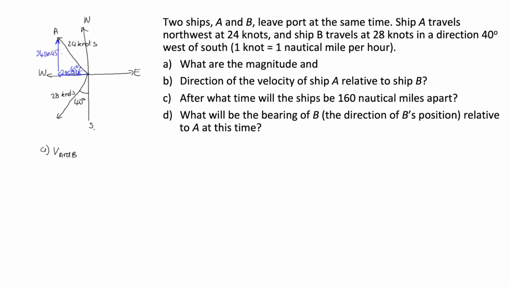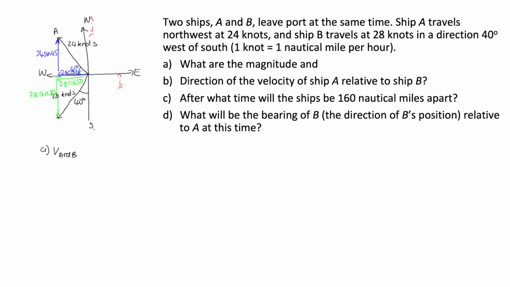And then we'll break this one into components as well. So again, in the westerly direction, we've got 28. Now, if this is 40, this angle in here is 50. So this is cos 50. And this one here is going to be 28 sine 50. So we'll call east-west the I direction, and we'll call north-south the J direction.